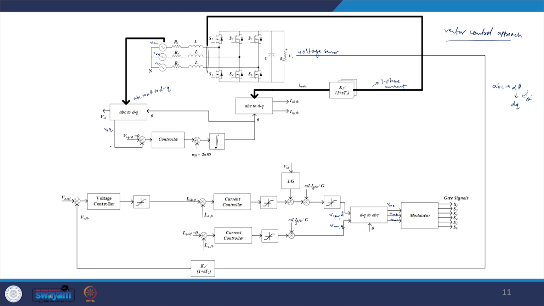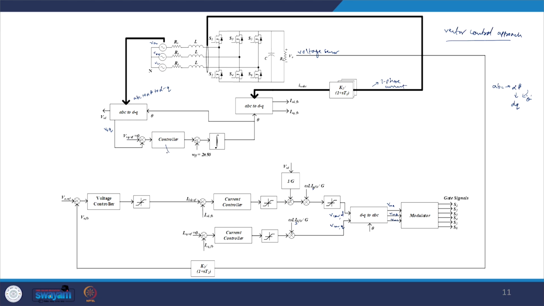Now I can ensure my D axis is aligned along the voltage space vector if I can ensure that VSQ, the component of the supply voltage space vector along the Q axis, is equal to 0. That is what we are doing over here. We are giving VSQ reference equal to 0 through the controller.